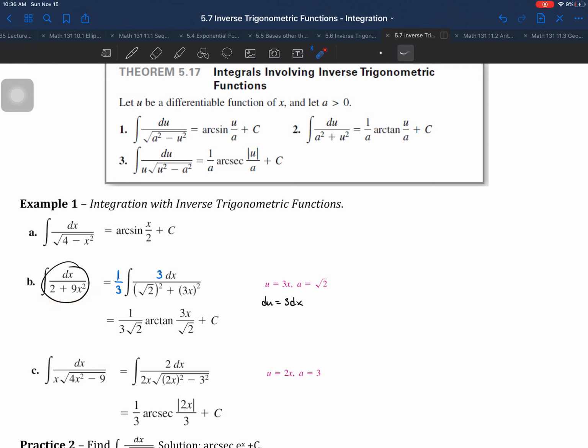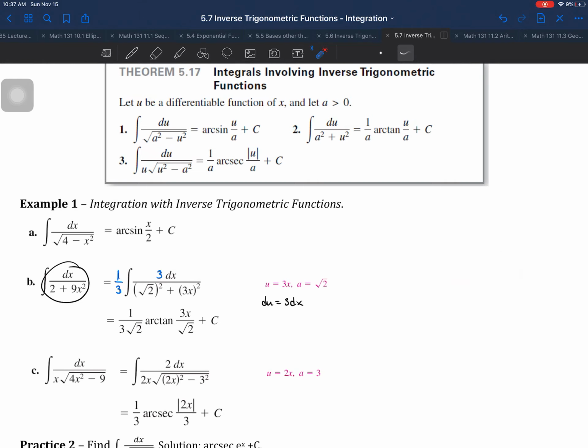Again, here, if you let u equal 2 plus 9x squared, then your du would have been 18x dx. We don't have x dx on top. We don't have an x. That's too much. We can make up the 18, but we cannot make up the x. So that wouldn't work.